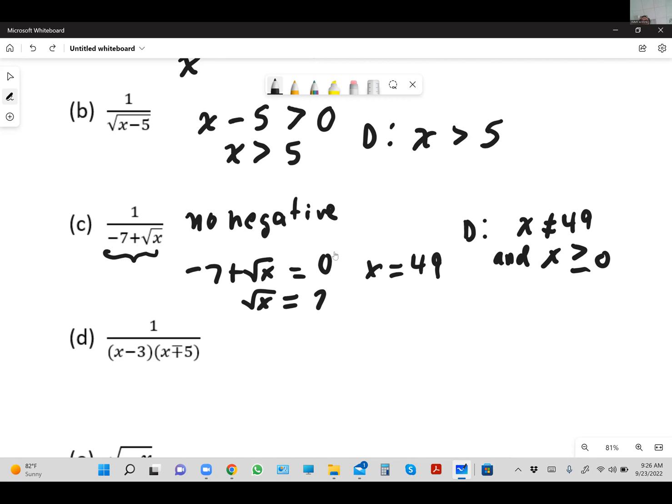Okay. So now, if I want to write this in set notation, I would say what? x can be 0 up to 49. And then what do I have now? From 0 to 49, do I have a union or an intersection?